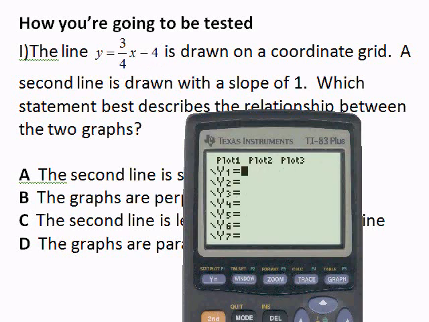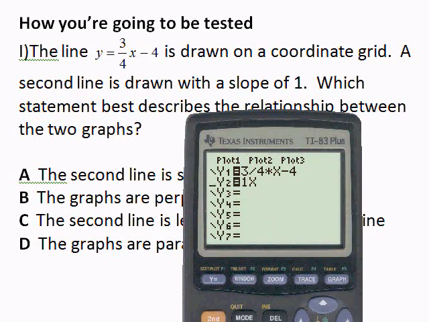Get your first equation, 3 divided by 4 times x, and then minus 4. And our second function, which just says the second line is drawn with the slope of 1. So we just need a line with the slope of 1. 1x plus or minus just some number. We can just do 1x. That line right there should have a slope of 1.